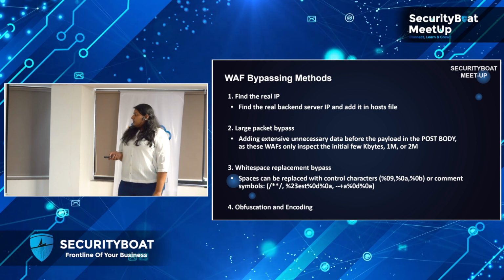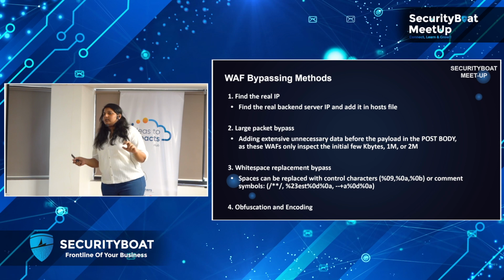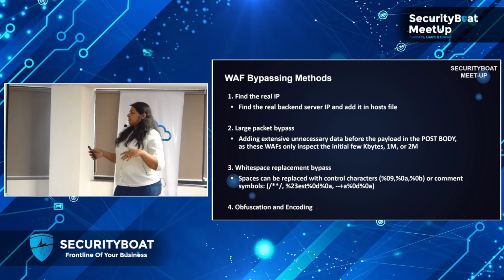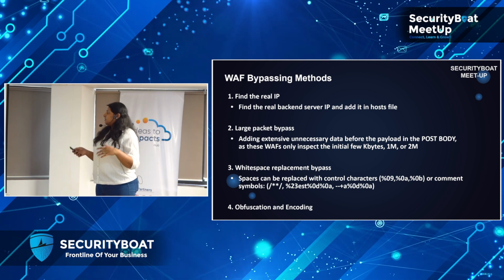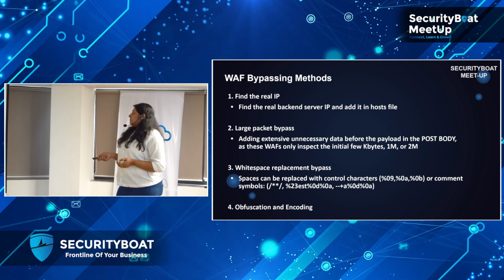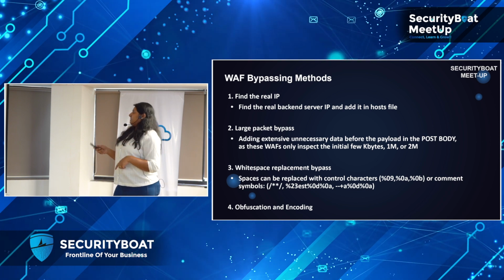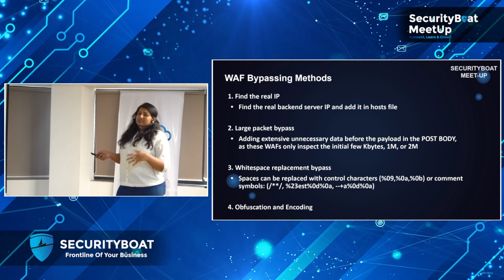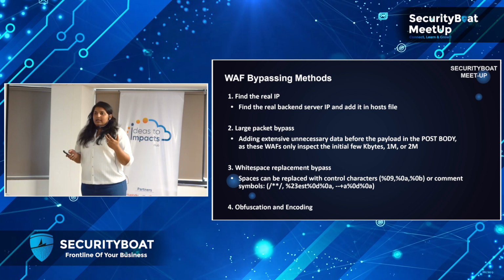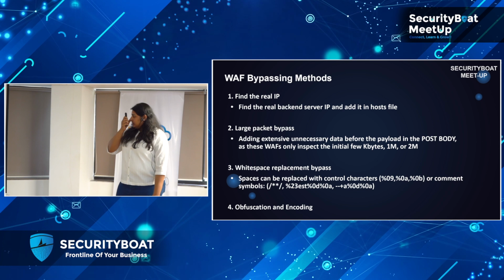Here you replace the white space in your SQL queries with other characters. It can be comment symbols or control characters. And the last one is obfuscation and encoding. We will discuss this in detail, and see some examples of obfuscation and encoding in this session.